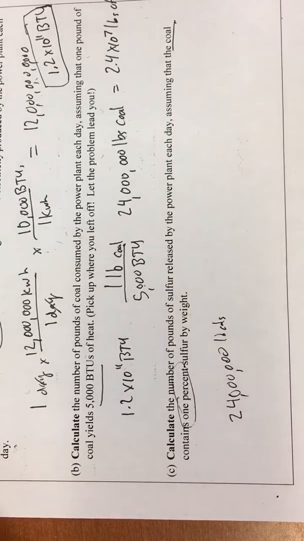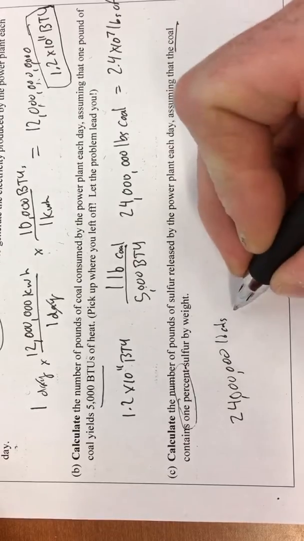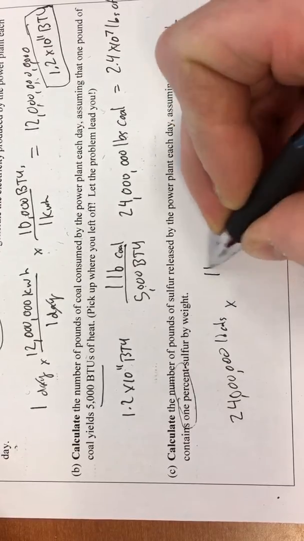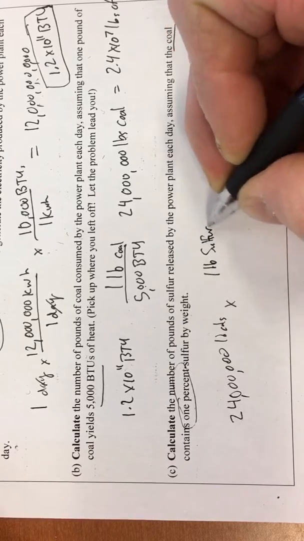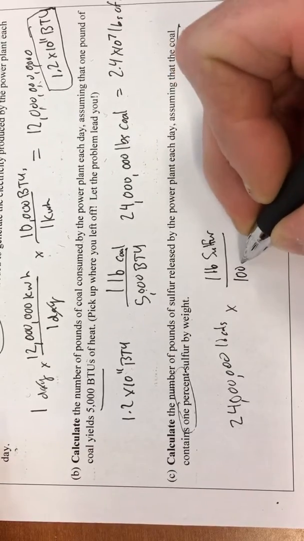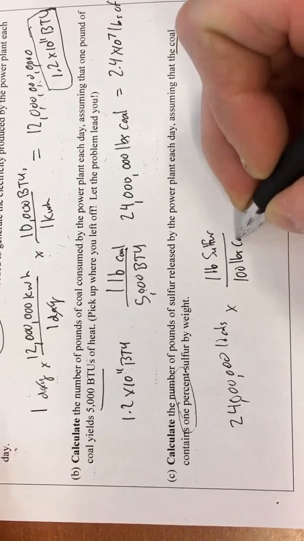a day. So essentially they're asking you which 1% of 24 million is, times 1 pound of sulfur in 100 pounds of coal.